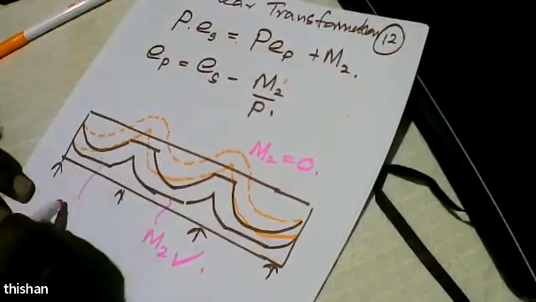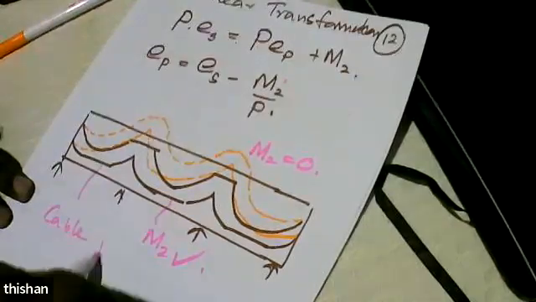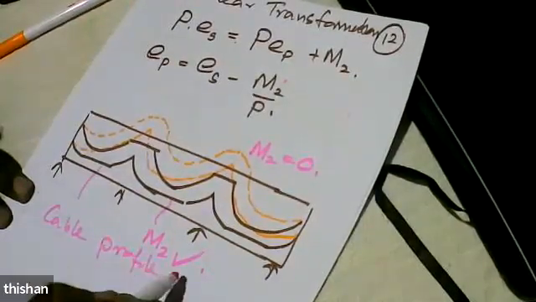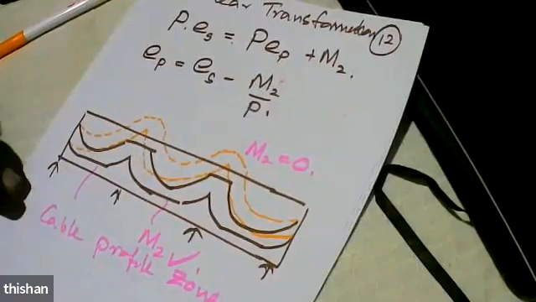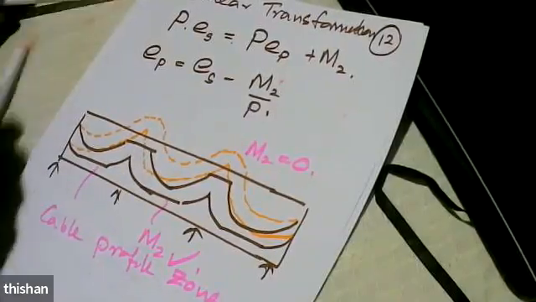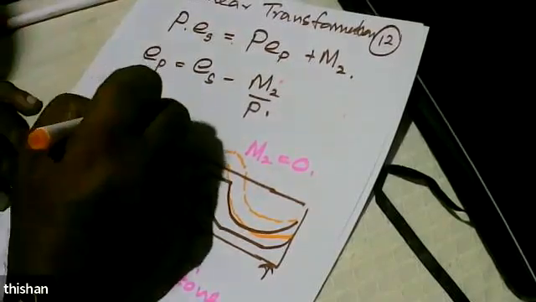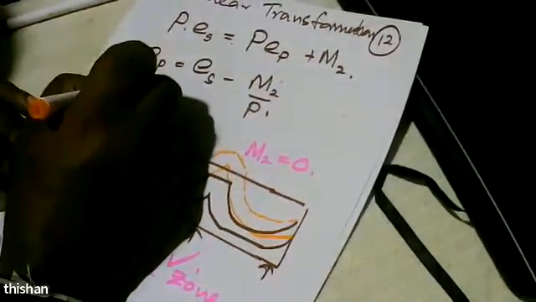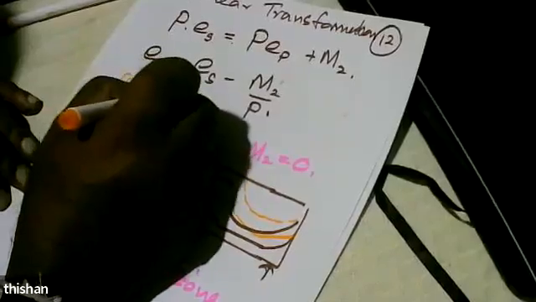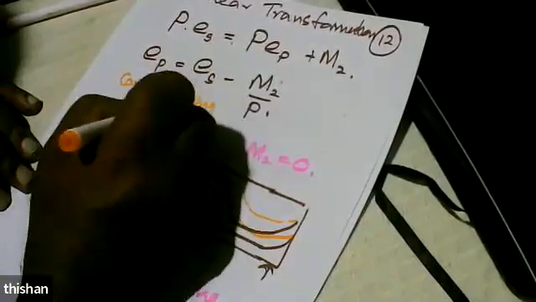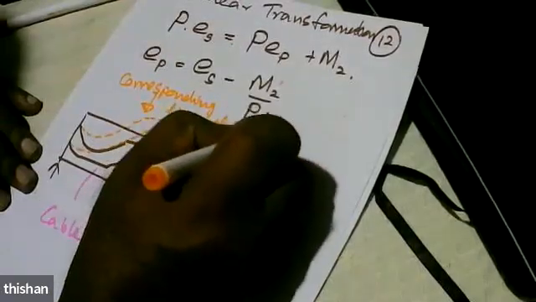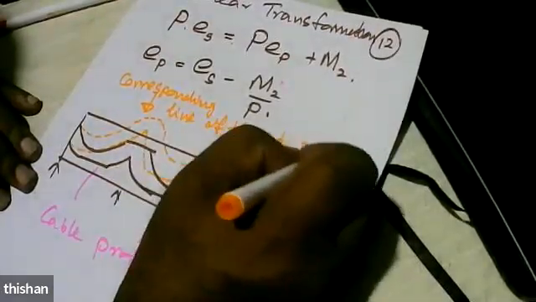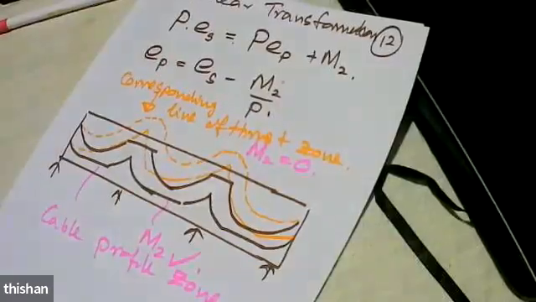So this is a cable profile, which means the cable must come inside that. So what is this one? This is the corresponding line of thrust.